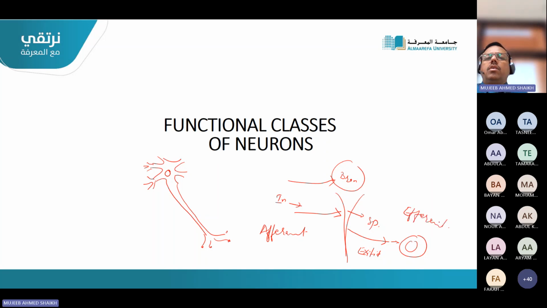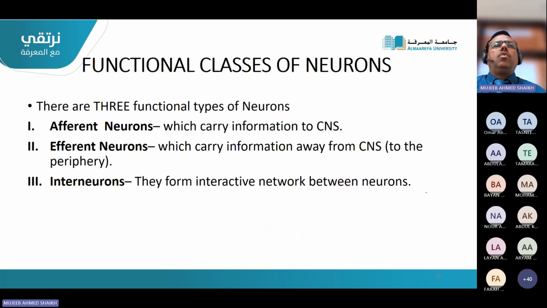So neurons could be of 2 types, afferent or efferent, but it is not possible that they will be separate. There are some neurons which are in between them. These are called interneurons. So neurons are of 3 types. One which is bringing the information to the nervous system is known as the afferent neuron. The information which is taken from the nervous system to the organ is through another set of neurons, which is called the efferent neuron, taking the information to the periphery.